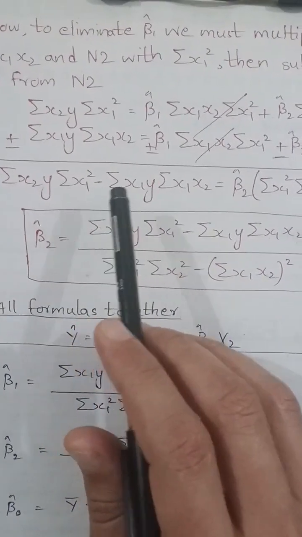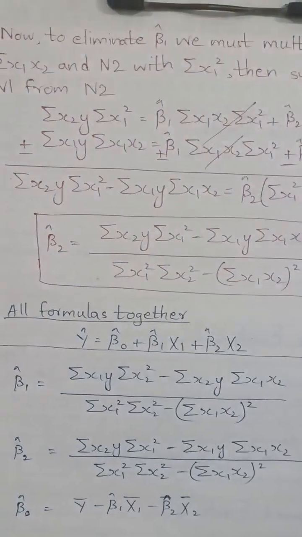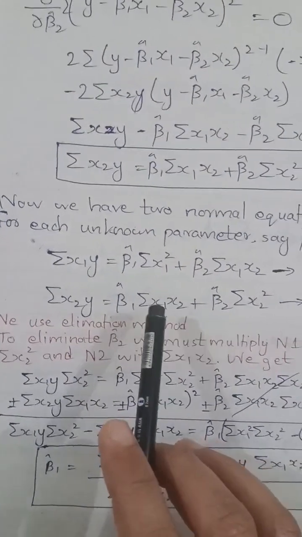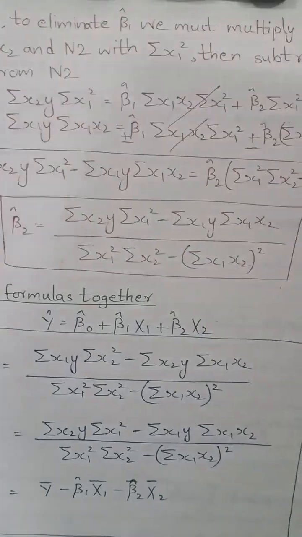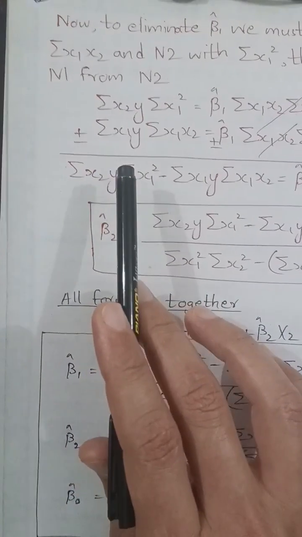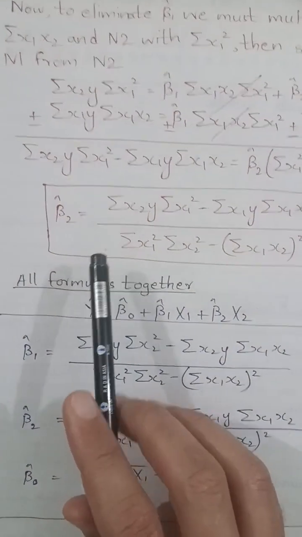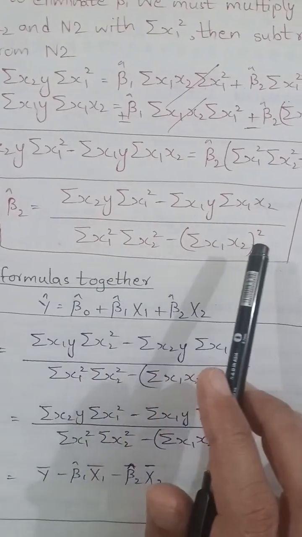I multiplied the normal equation 1 with sum of x1 x2 and normal equation 2 with sum of x1 squared, and then I subtract equation 1 from equation 2, so I get the answer for beta 2 hat, which is equal to this expression.